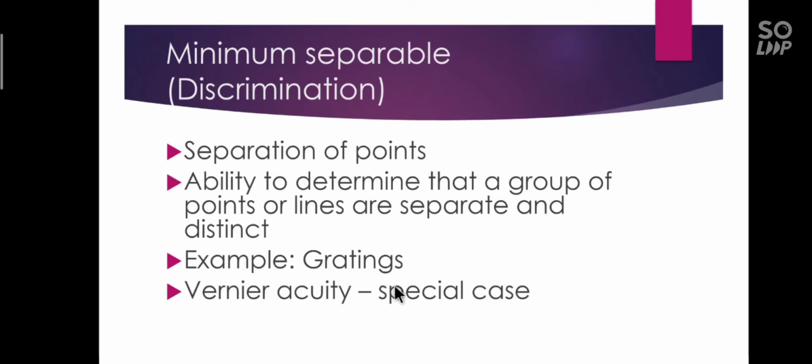Example for this is gratings. Optometrists use gratings to test minimum separable acuity. Vernier acuity is a special case of minimum separable acuity. Vernier acuity is the ability to distinguish between two lines placed end to end with one of them laterally displaced. This will be dealt in detail in another session.